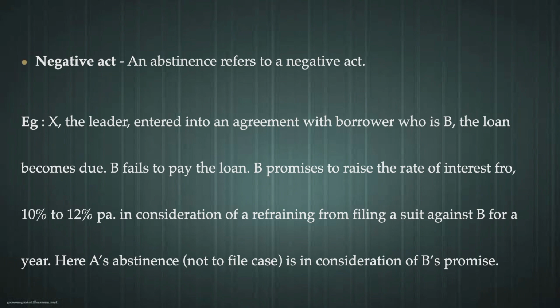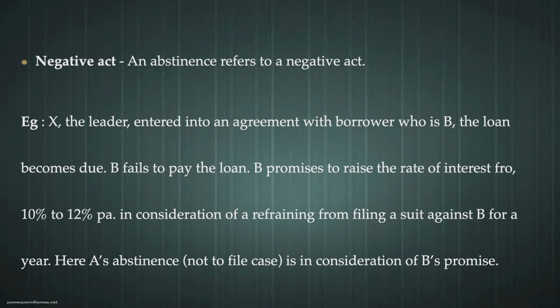Is that clear? Now X, did he have to do something? Did he have to perform something here? No. He was supposed to abstain from performing, or stop himself from performing. What would be the activity he is supposed to perform? Simply file a case against B for not repaying the loan amount he borrowed from X in the court of law.